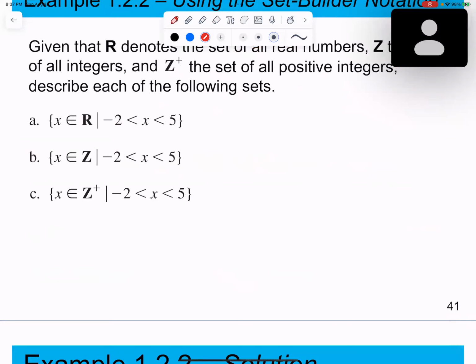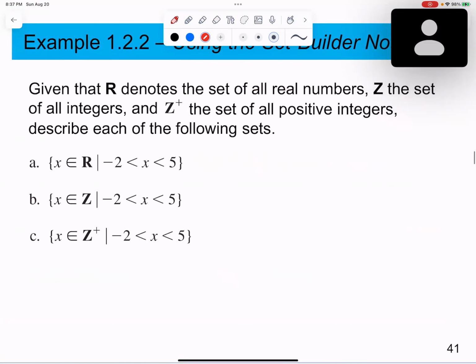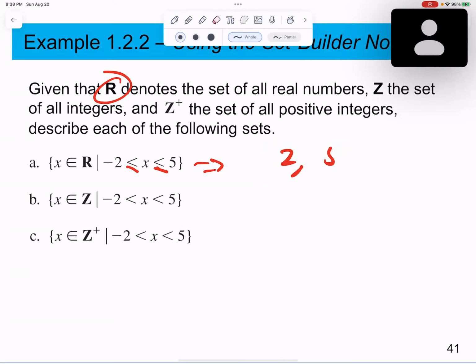Now, for instance, we have R, which is a set of real numbers. Okay. Now, this obviously is an open interval from -2 to 5. That is why you do not have less than or equal to here, okay? If you have -2 less than or equal to X, then this could have been a square bracket.